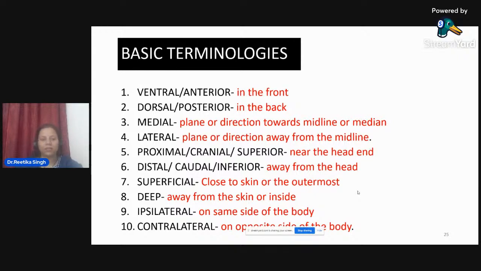Medial is the direction towards the midline of the body, and lateral is the direction away from the midline of the body. Superior is near the head and inferior is away from the head. Superficial, close to the skin or the outermost layer of skin. Deep is away from the skin, or deep inside.